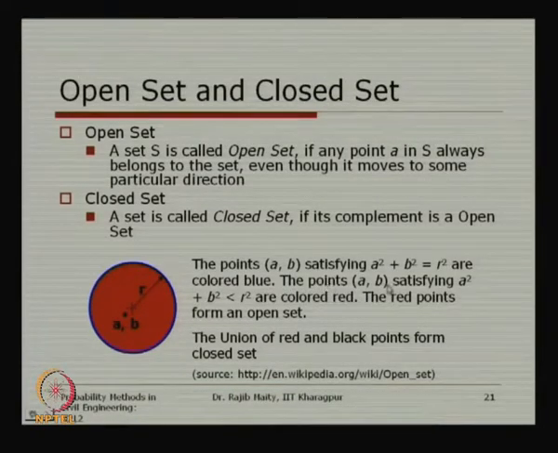The points (a, b) satisfying a square plus b square less than r square are colored red. This red area consists of many points which satisfy that relationship, and this blue circle also consists of many points which satisfy a square plus b square equal to r square.